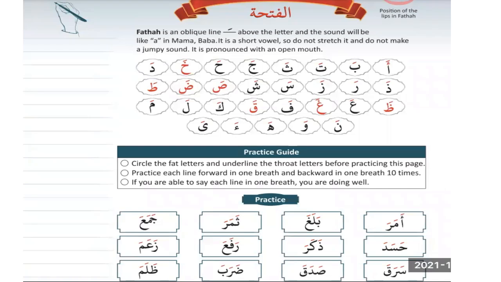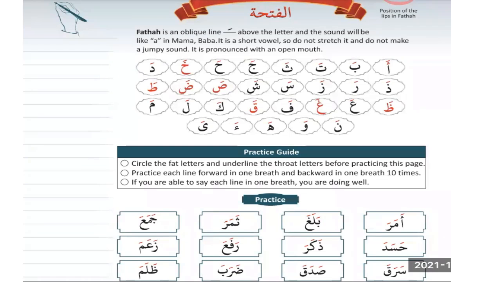So don't stretch it. Keep it a very moderate sound. When we say alif or a, especially because there is a sign on it, imagine what part of the mouth we are using.